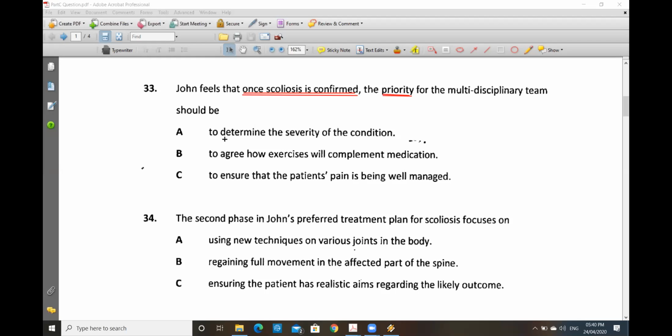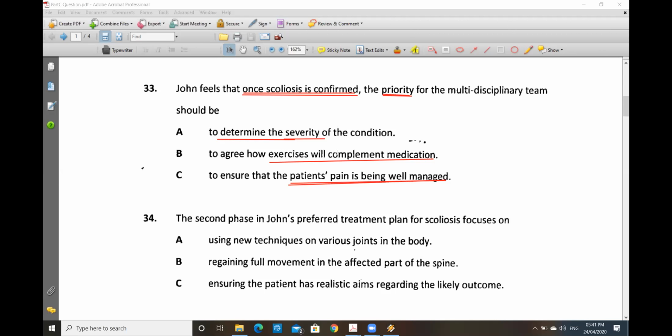The options are to determine the severity, to agree how exercises will complement medication, or to ensure that their pain is being well managed. All three answer choices are different from each other.